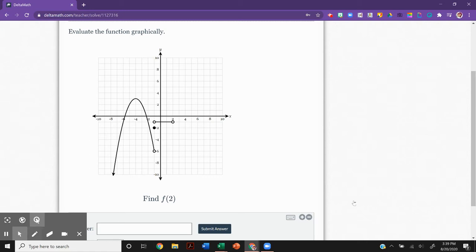These open circles, whenever you have an open circle, those are holes, meaning nothing exists there. Even though you've got this one here and this one here, there's nothing there at the hole. It's the line in between that matters.